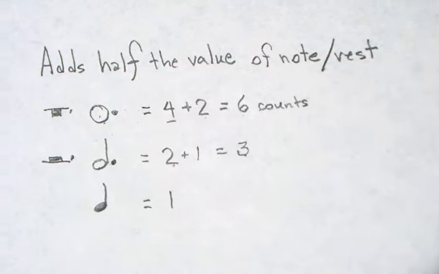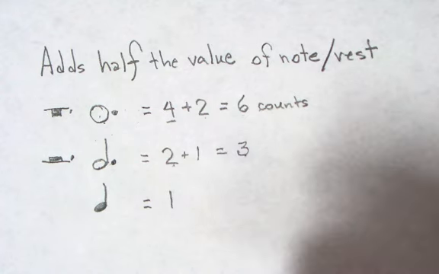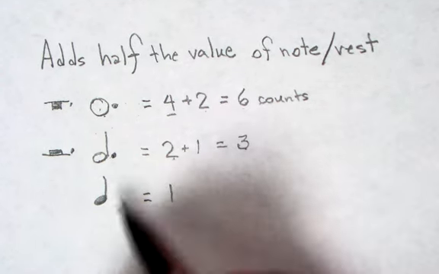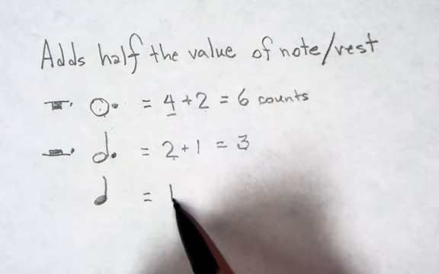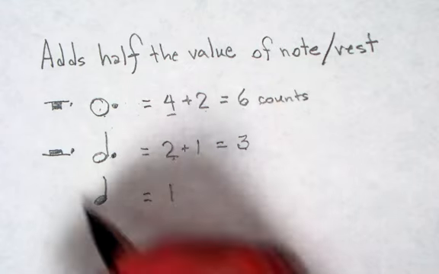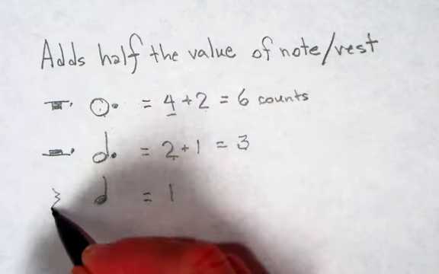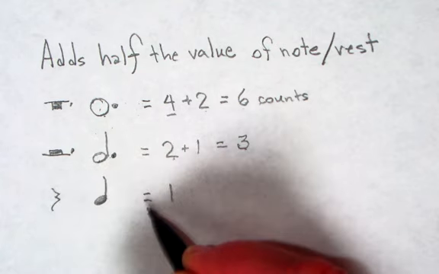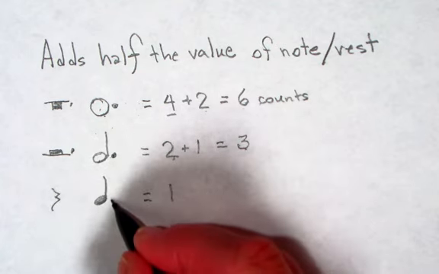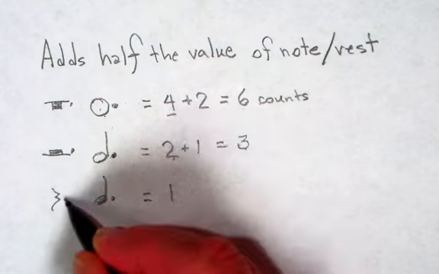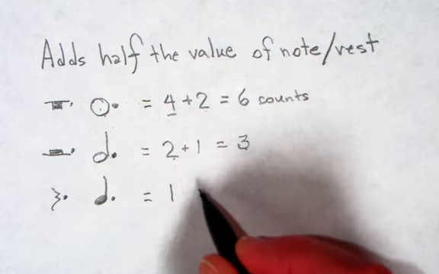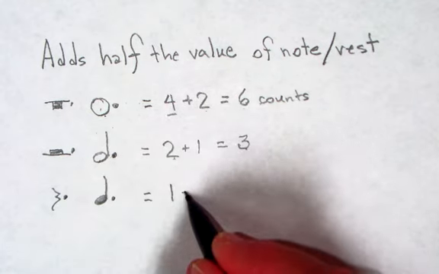Now, let's get on into the smaller values. This is a quarter note. It's worth 1. Now you're going to have to do a little bit of baby fractions. Don't be scared. There's my quarter rest. If I put a dot beside it, I can do the note or the rest. What are we going to add? What is half of 1?